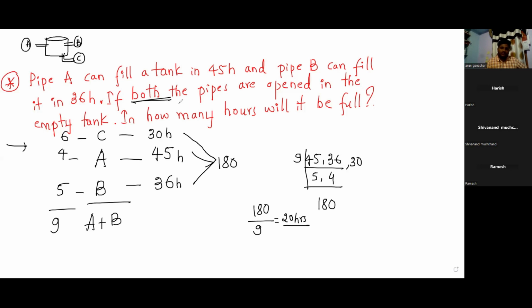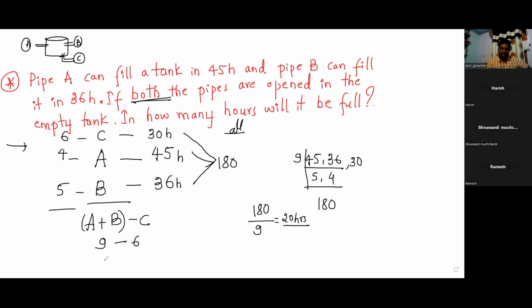Now, if they tell you all three pipes A, B, C are open together, in how many hours will it fill? We have to take A plus B, but we have to subtract C. Why are we subtracting C? Because it is an exit pipe. A plus B is 9.